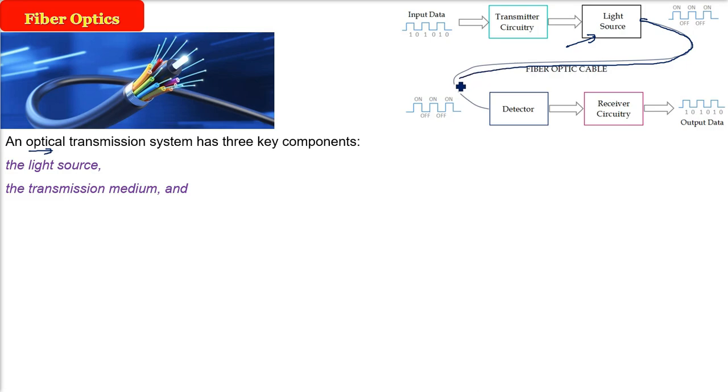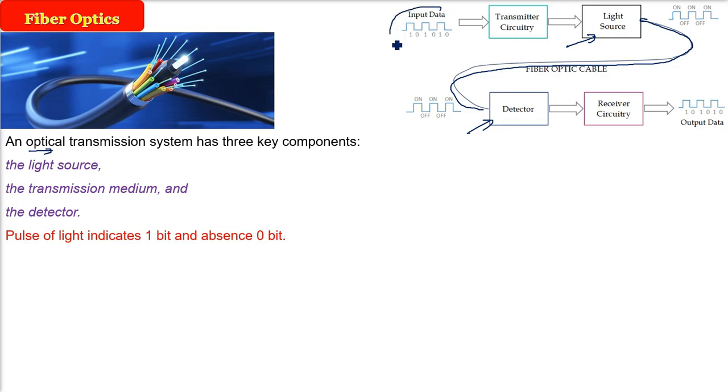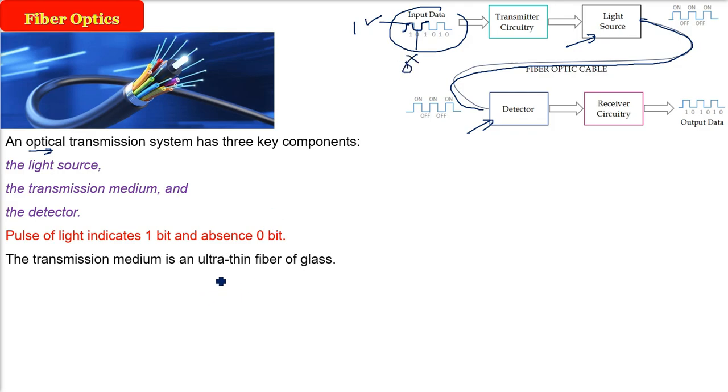And the third is the detector. A pulse of light: if there is light, it indicates a 1 bit. If the light is not there, it is a 0 bit. So presence of light is 1 bit, absence of light is 0 bit. So this is the pulse.